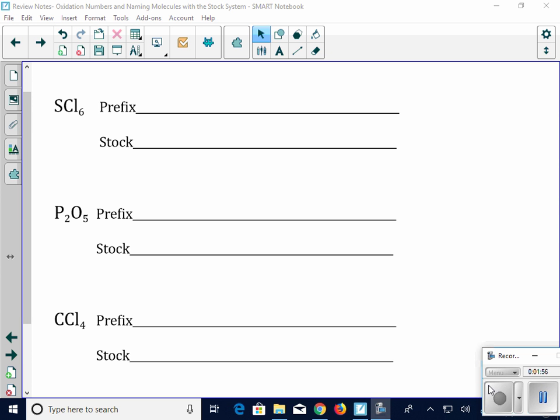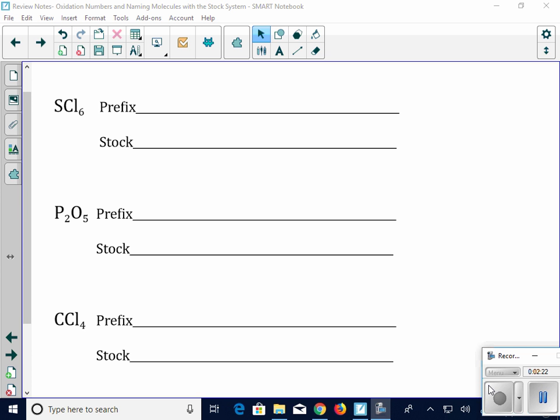So you need to know how to do both of them. Up top, SCl6. Why don't you go ahead and write that down. We know how to do prefixes, so let's do this as a little checkpoint. You name these, and I'll give you a little bit of time. Go ahead and write the prefixes for these three.